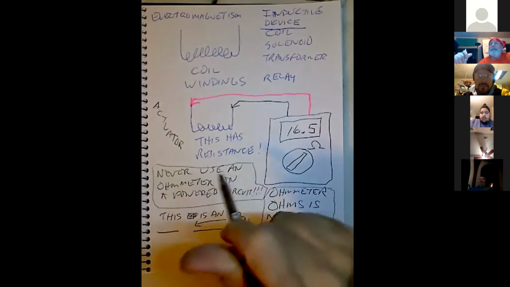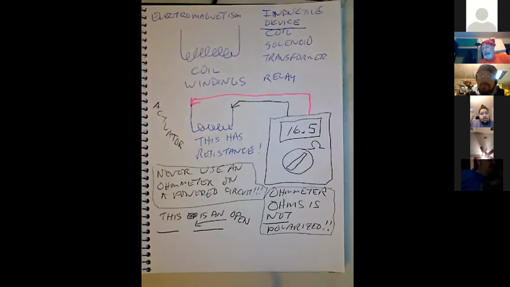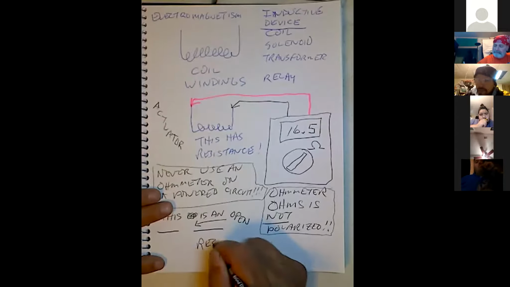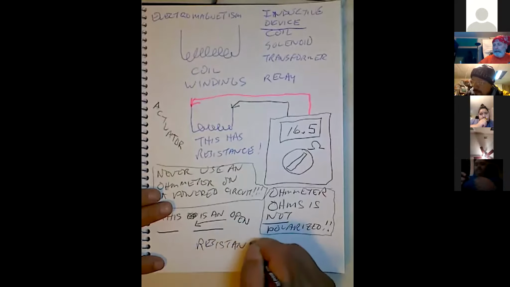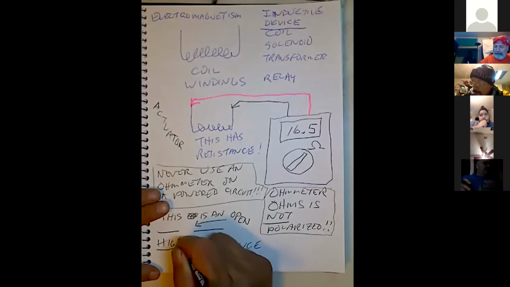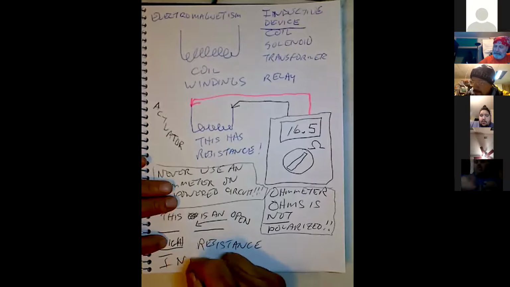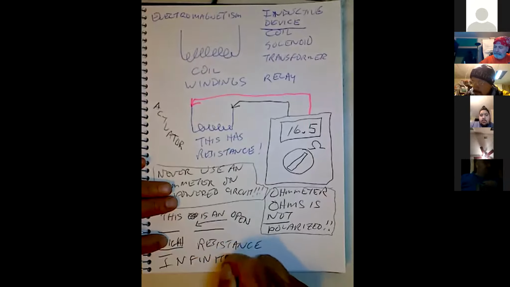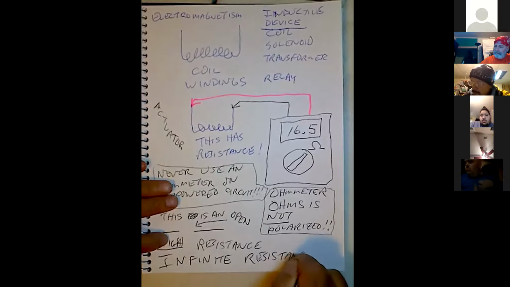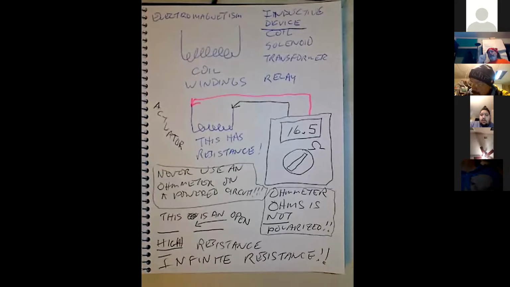Open is the number one cause of failure in these coils. Too much heat. Yeah, that's the wire. This is an open. So what kind of resistance does it have? Really high. In fact, this resistance is so high that it is infinite.